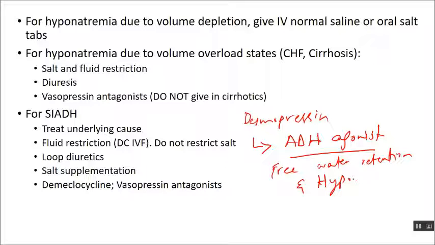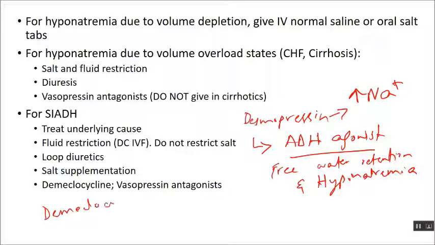And desmopressin is therefore used in cases of hypernatremia, such as diabetes insipidus due to central causes, which we will cover in the video on hypernatremia. Okay, so that's desmopressin.